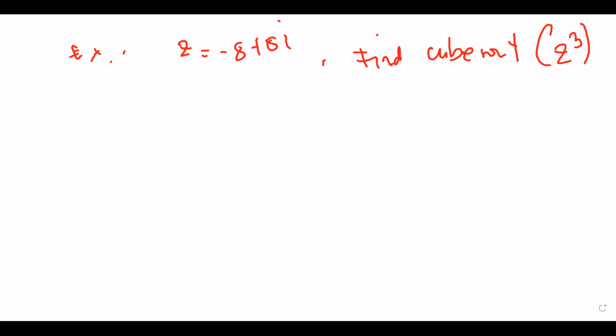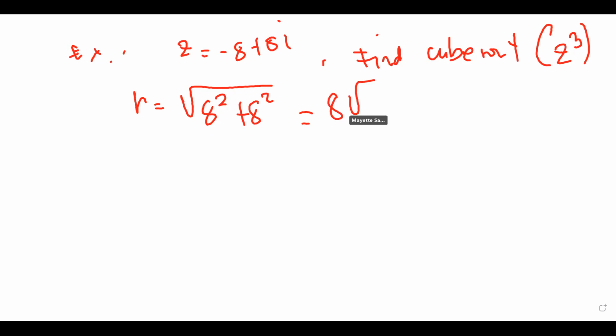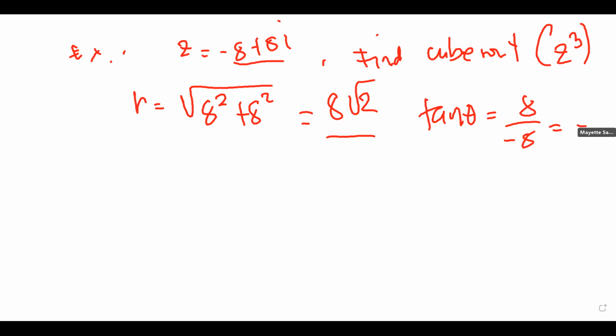Now, in terms of modulus r, this is just equal to the square root of -8 squared plus 8 squared, and this will give us 8 root 2, and that's your r. In terms of angle, because this is given in Cartesian form, tangent of theta is equal to 8 over -8, or -1.